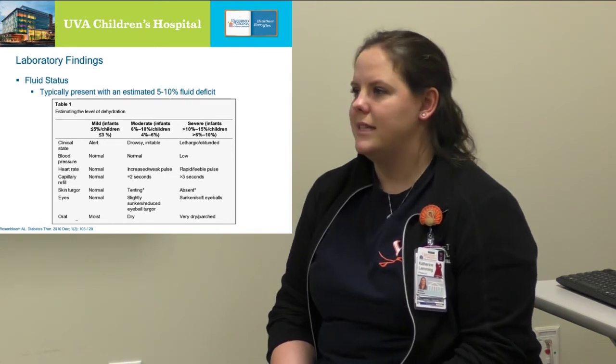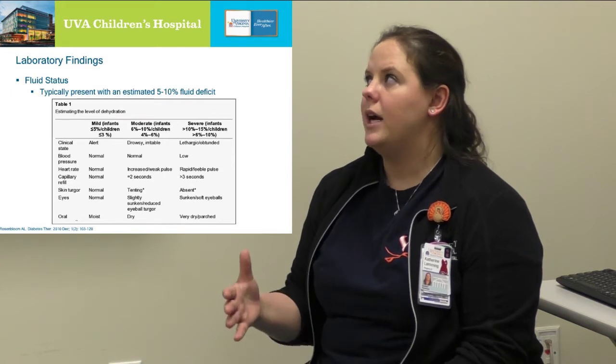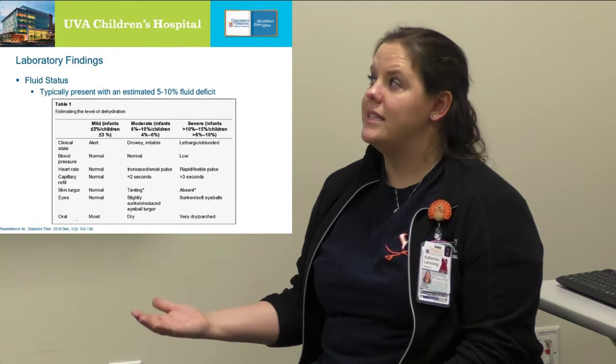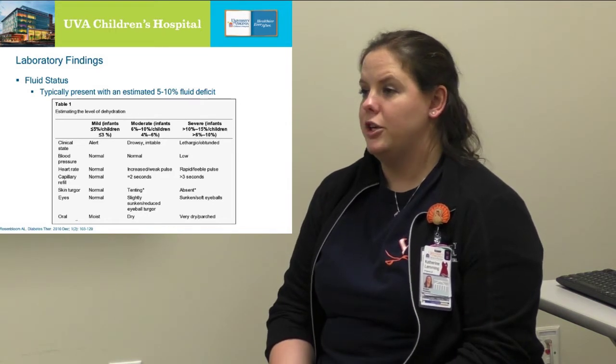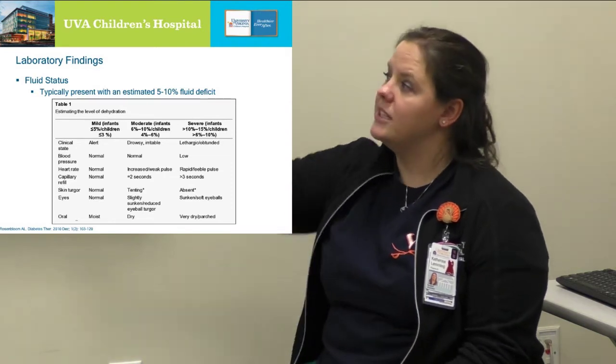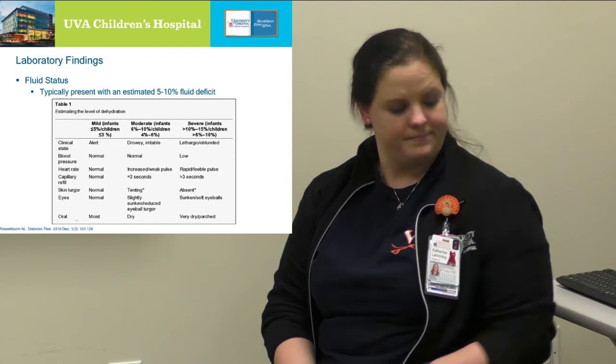You may not necessarily see something drastically different in these infants. But as they progress from mild to moderate and then moderate to severe, you can see changes in their blood pressure and heart rate, compensating for that dehydration, as well as their skin turgor, depending on their degree of dehydration.